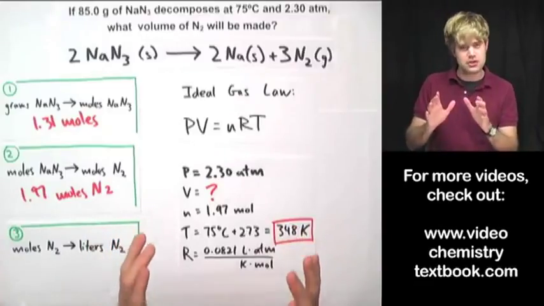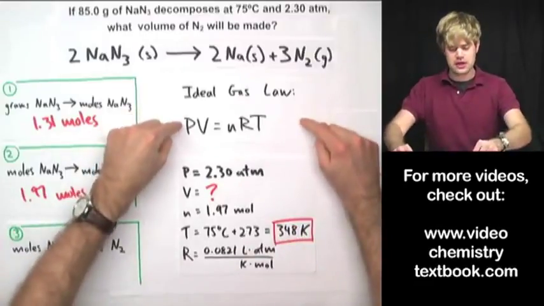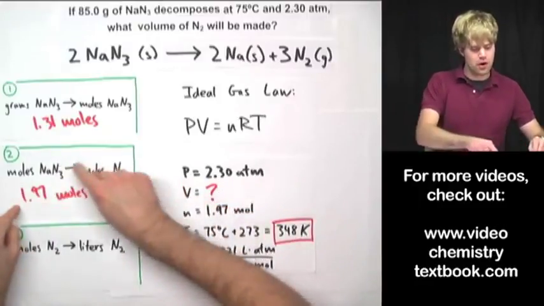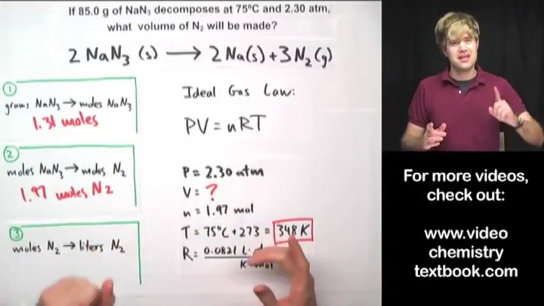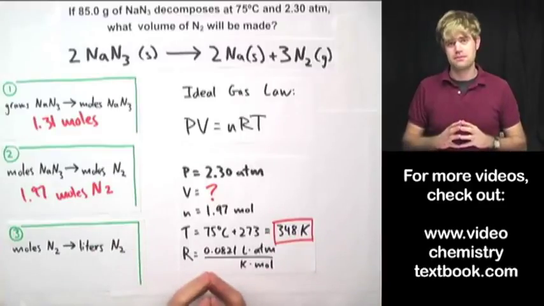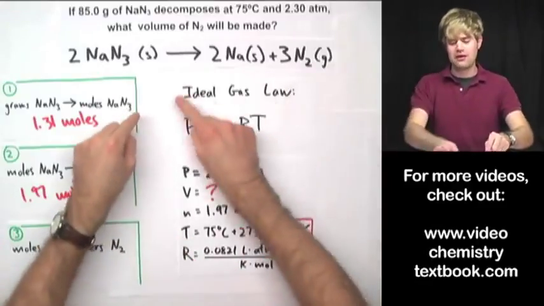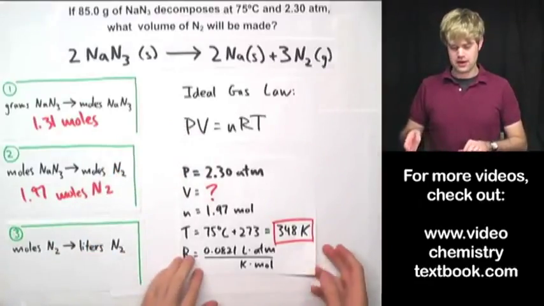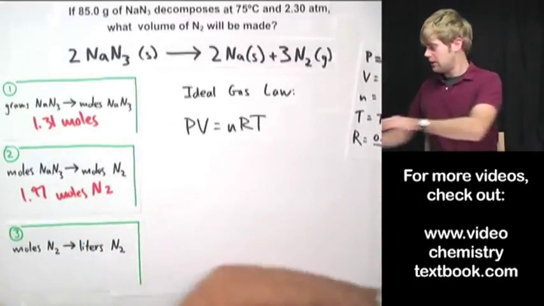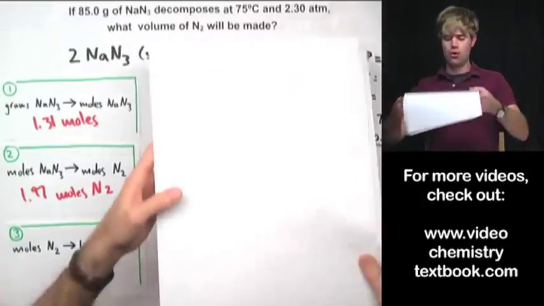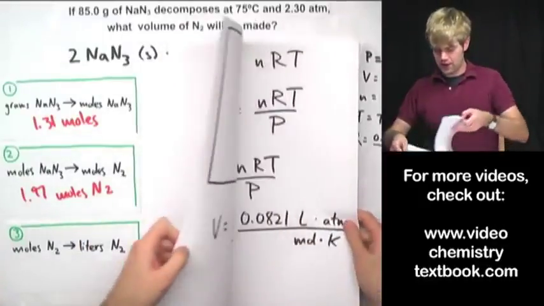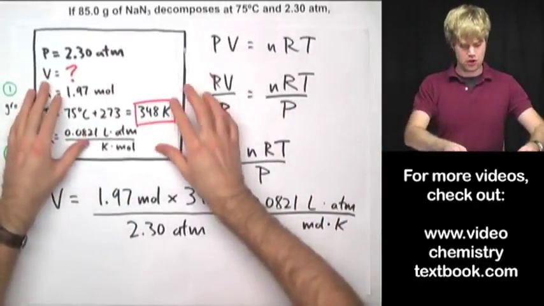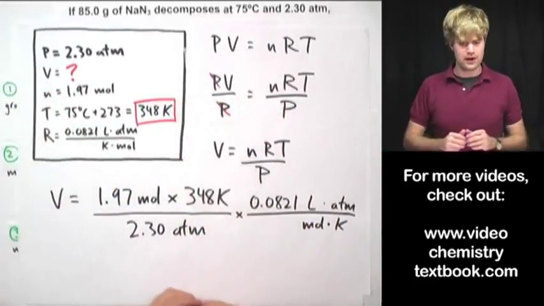And just to mention it one more time, I have to use the ideal gas law to find the volume because I know the number of moles of N2, but it's not at STP. So if it's not at STP, you have to use the ideal gas law to find out what the volume is. I've got my variables here, and I don't want to bore you with the math, so I've already gone through and set up and solved the problem right here.